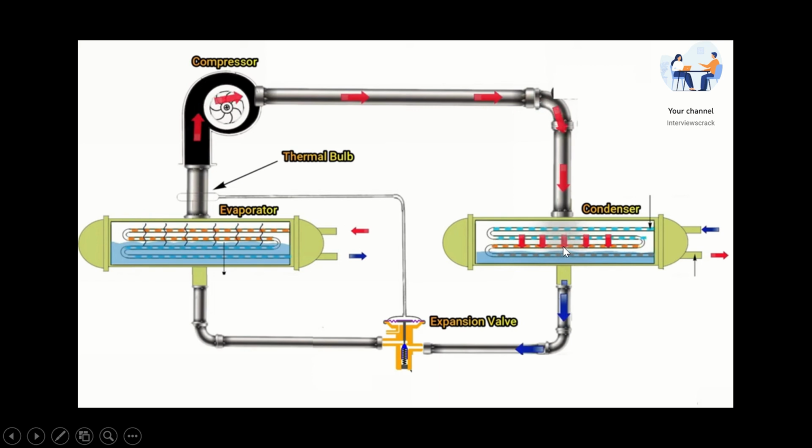So here also the phase of refrigerant changes from gas to liquid form. Then it goes to the expansion valve. The expansion valve is connected with a thermal valve, which passes the cold refrigerant from high pressure to low pressure and low temperature, and it goes to the evaporator, and this cycle keeps running. We'll see one by one, you will understand.